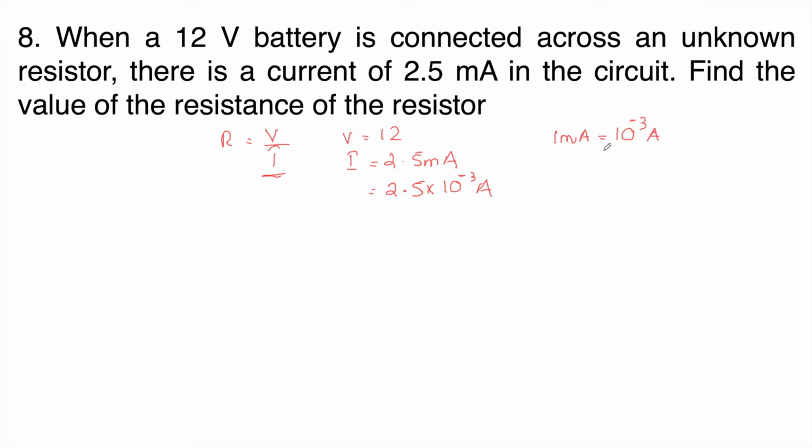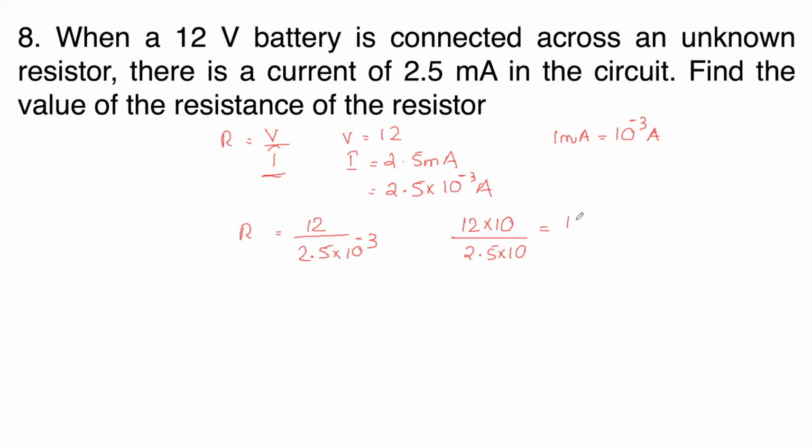So you can use this conversion here, and R is equal to 12 by 2.5 into 10 raised to minus 3. So 12 divided by 2.5. If you find any difficulty in dividing with decimal points, I just multiply 12 by 10, and to remove the decimal point in the denominator, 2.5 also into 10.